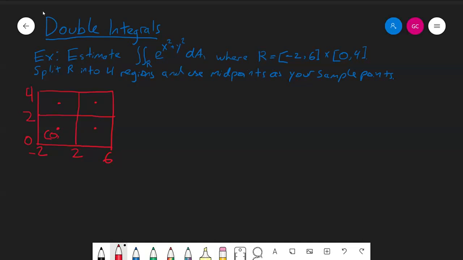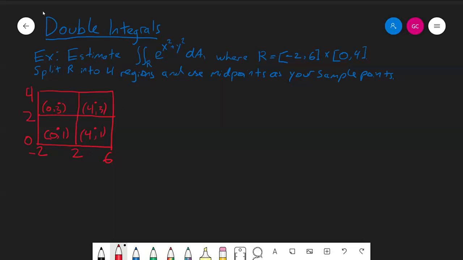And then the average of 0 and 2 is 1. So that's the point (0, 1). This will be the point (0, 3). Here's the point (4, 1). And then the point (4, 3). So now we've found our 4 sample points.